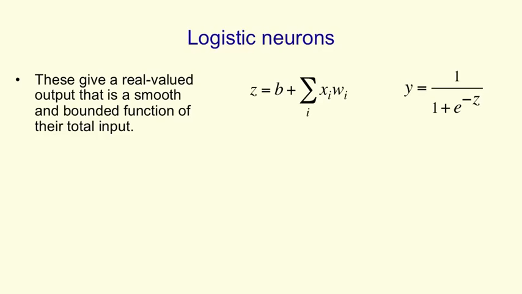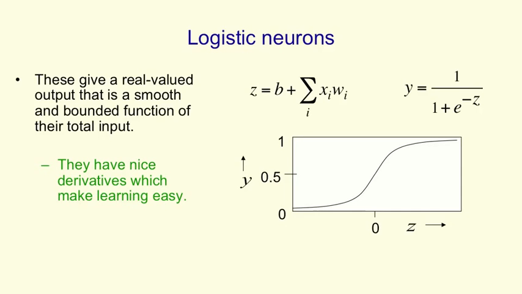It then gives an output y that's a smooth nonlinear function of that logit. As shown in the graph here, that function is approximately 0 when z is big and negative, approximately 1 when z is big and positive, and in between it changes smoothly and non-linearly. The fact that it changes continuously gives it nice derivatives which make learning easy.